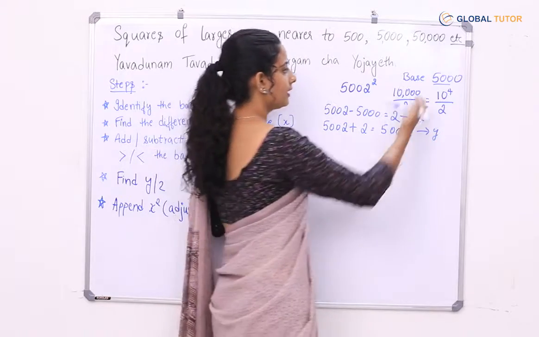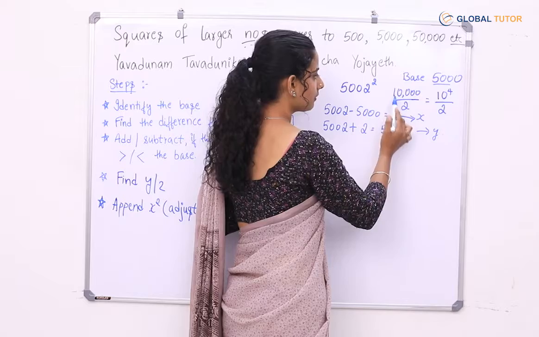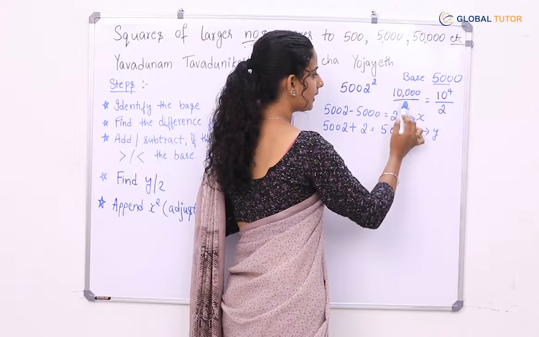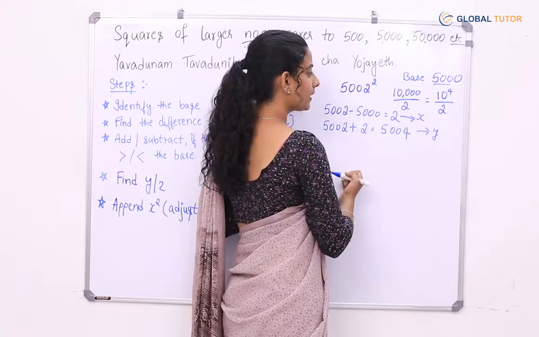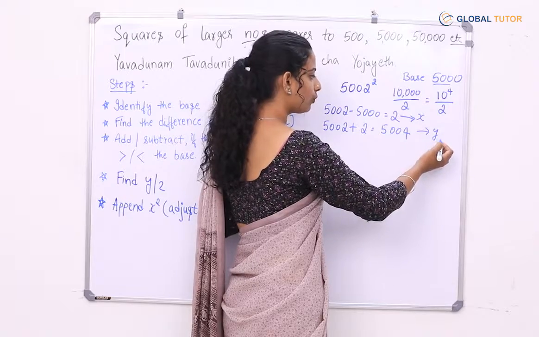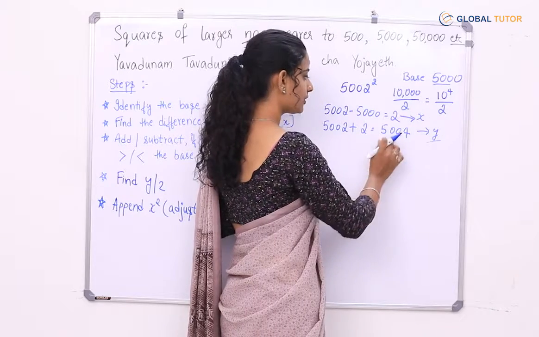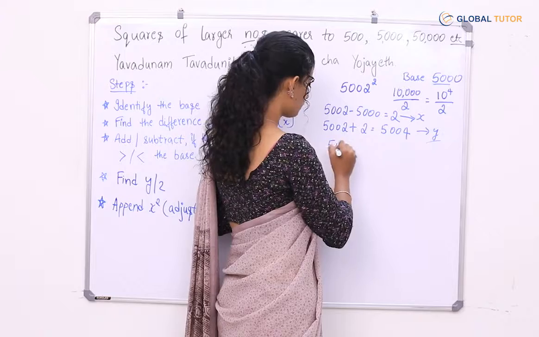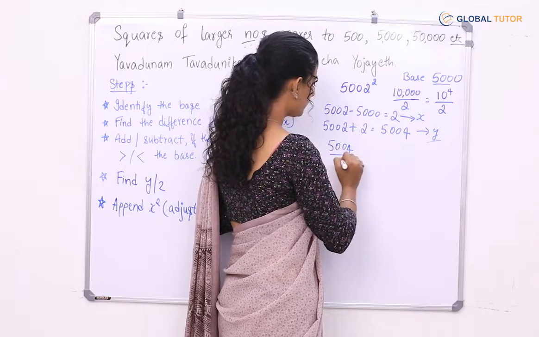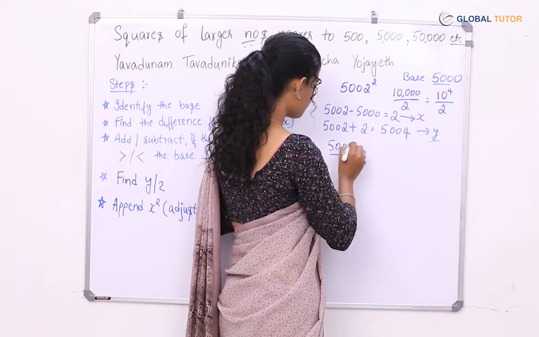Now, while we found the base, we wrote 5000 as 10,000 divided by 2. Hence, we will find y by 2, which is half of y. So it is 5004 divided by 2.